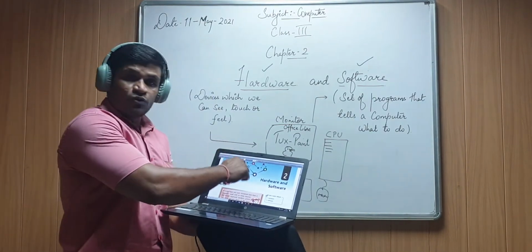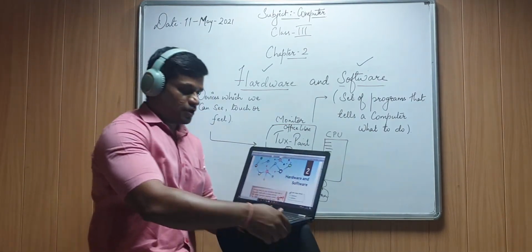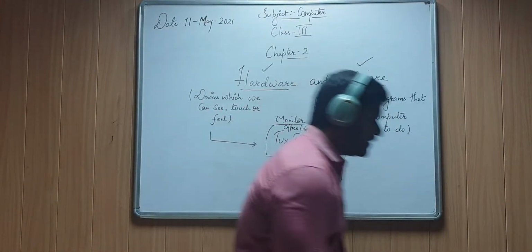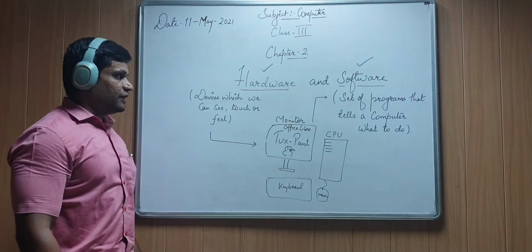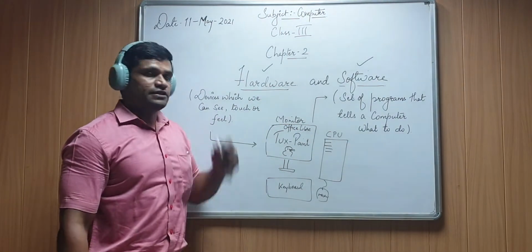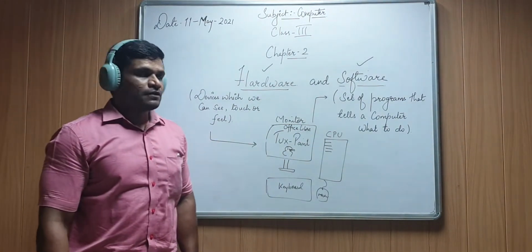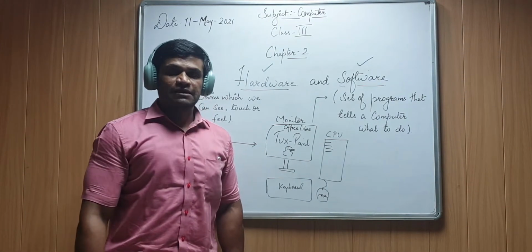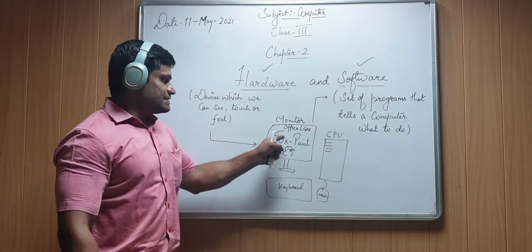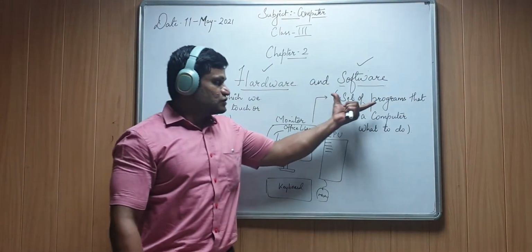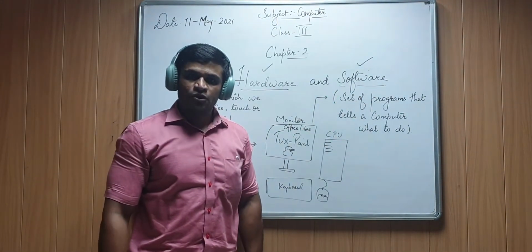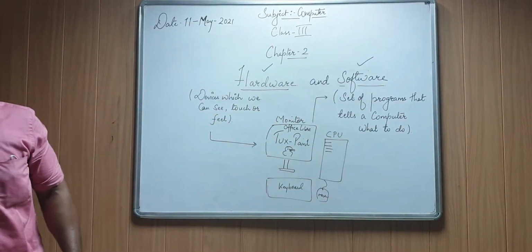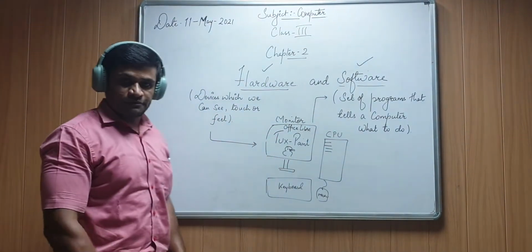No. It is a program inside the computer. So the devices which we can touch, feel and see are known as hardware. The set of programs which tells the computer what to do, which is inside your computer, is known as software. In this chapter, we will be learning about hardware and software.